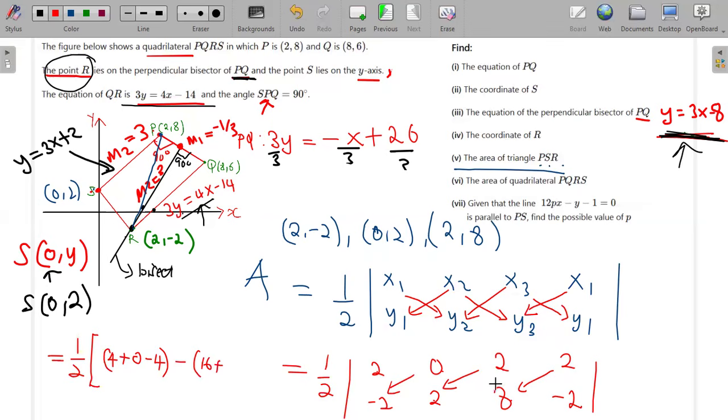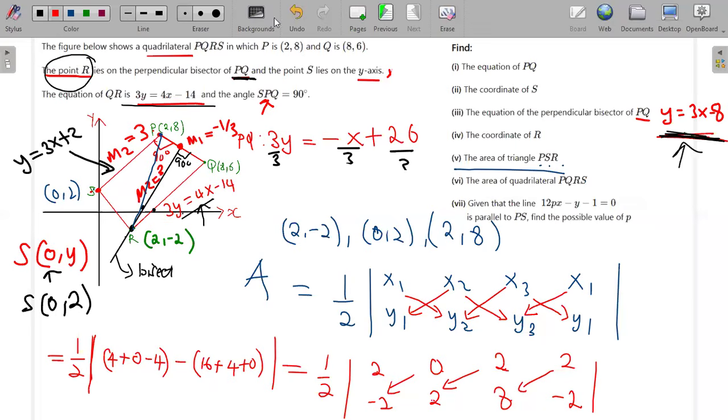Plus 2 multiplied by 2, I get 4. Then 0 multiplied by this, I get plus 0. These ones should be bars here. So this is what I have.